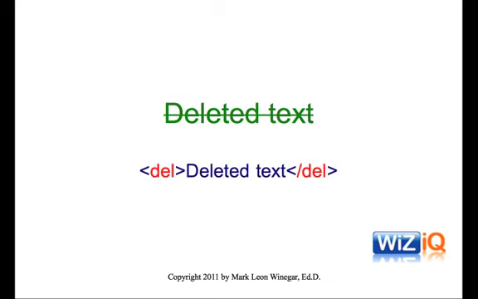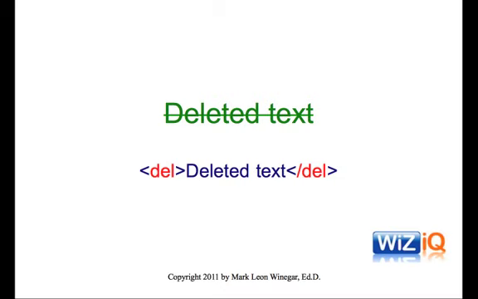Sometimes we'll want to show text that has been deleted. For instance, in a catalog, oftentimes you'll see a price with a line drawn through it and a new price beside or below it. So deleted text is simply text with a line drawn through it, like we're proofreading.